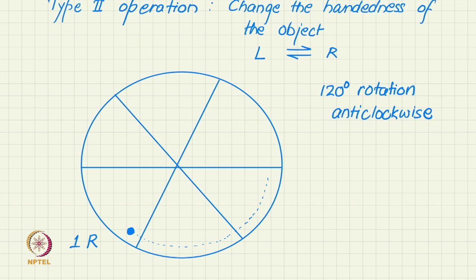So, the object reaches there, remains right handed at the moment, but I have not completed the threefold roto inversion operation, because this has to be followed by inversion.